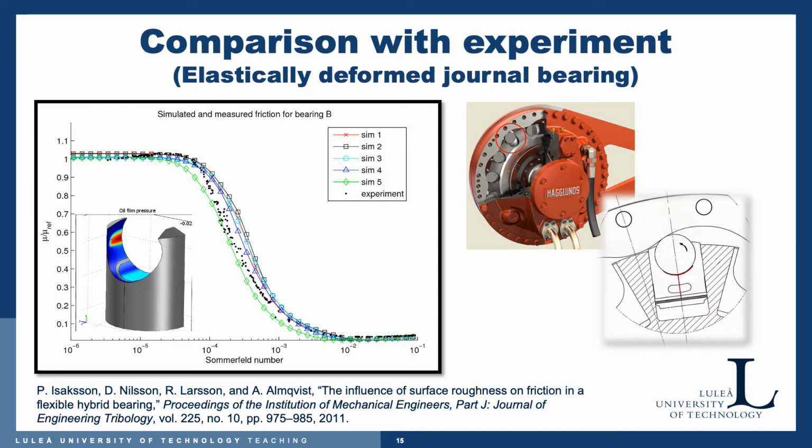You can think of it as a journal bearing, and this is a non-conformal lubricated contact, which is rather typical to that of a rolling element bearing.